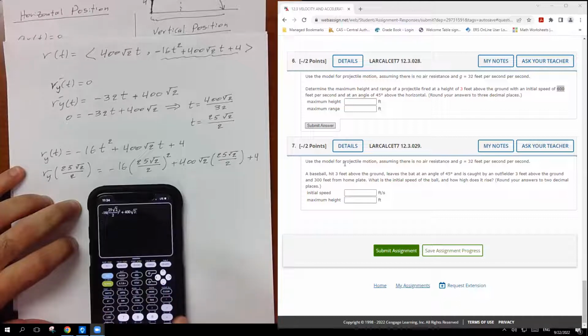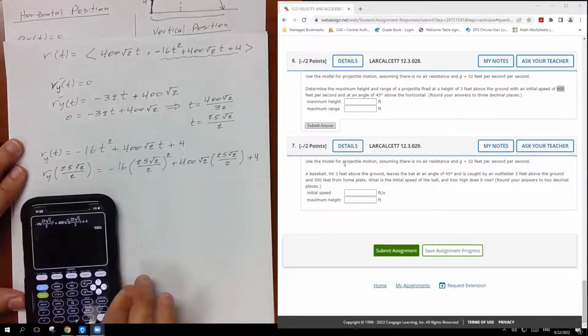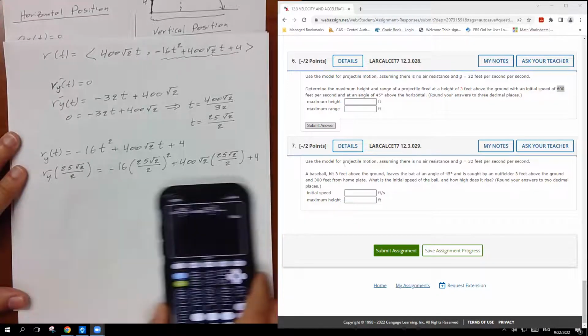So the maximum height is going to be 500... of course, it's going to be feet.